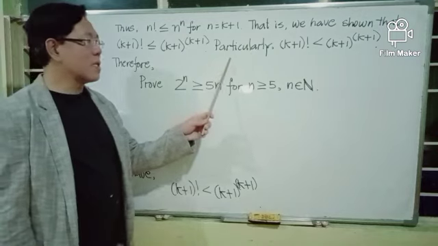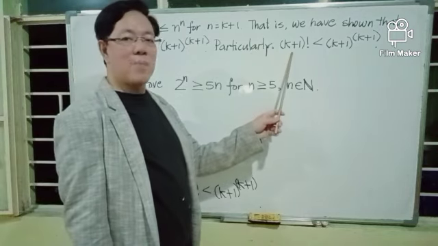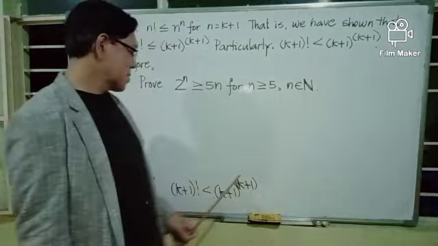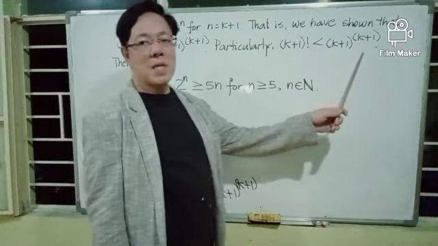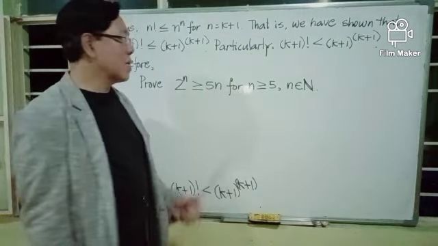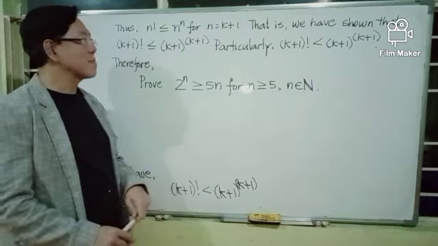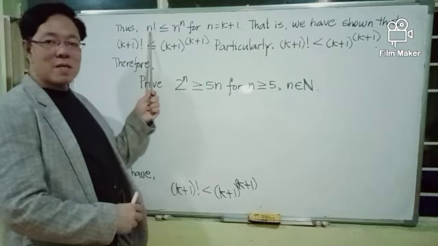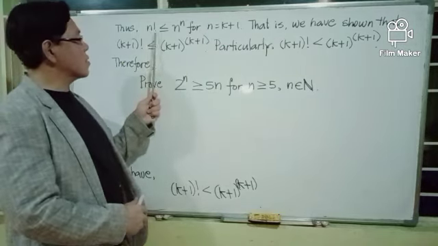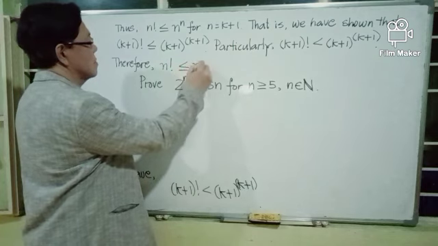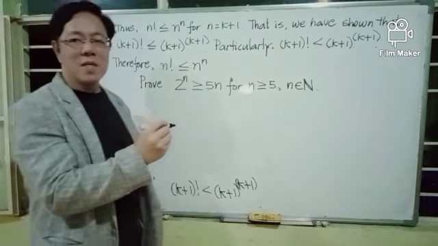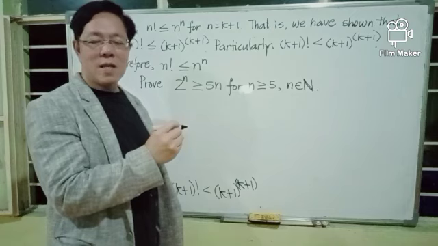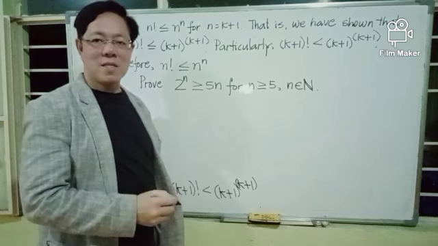Therefore, we conclude that the given mathematical statement n factorial is less than or equal to n to the power n, for every n that is a natural number or positive integer.